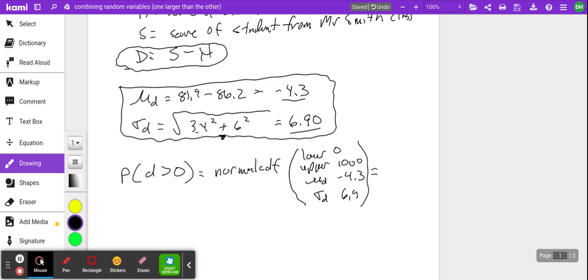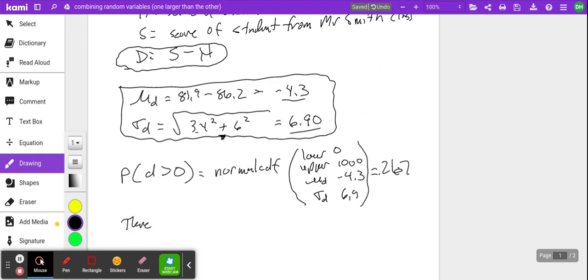And then I go normal CDF, and I type in from 0 to 1,000, negative 4.3 for the mean, and 6.9 for the standard deviation. And I get 0.2, I'm just going to go 0.267. So then answer the question in a sentence.